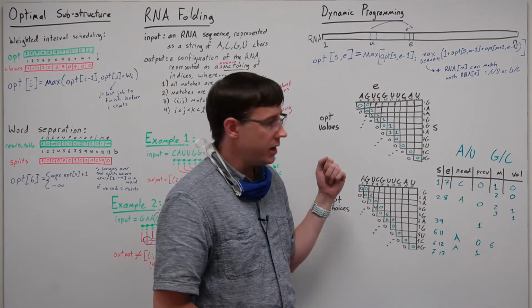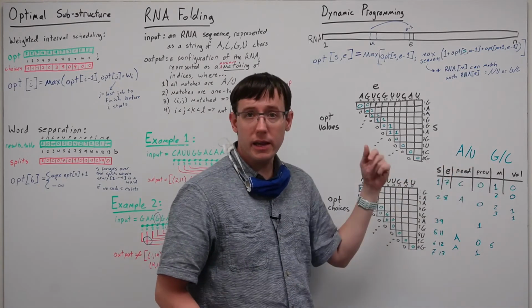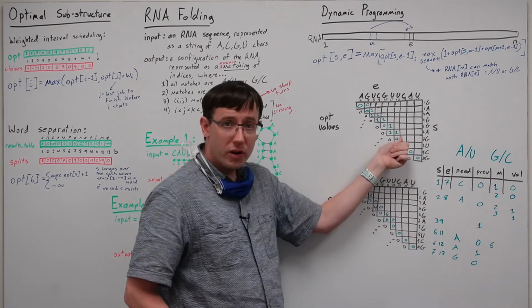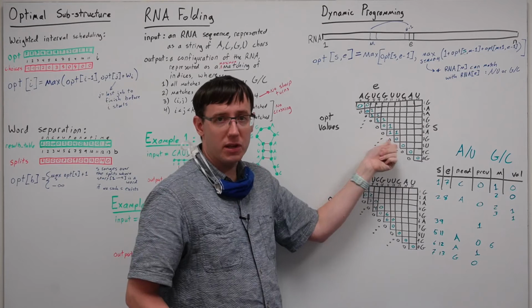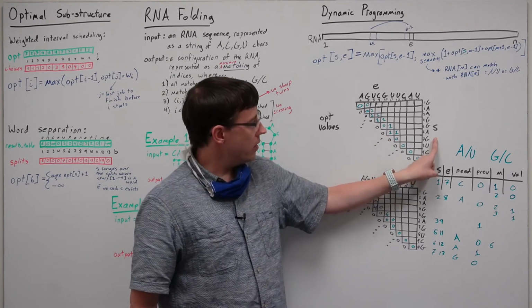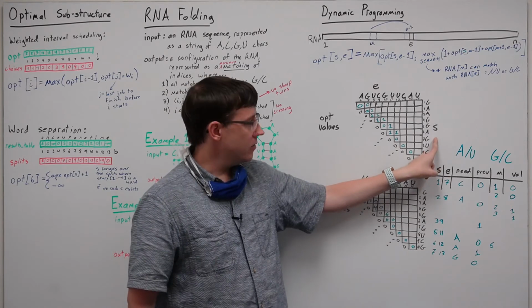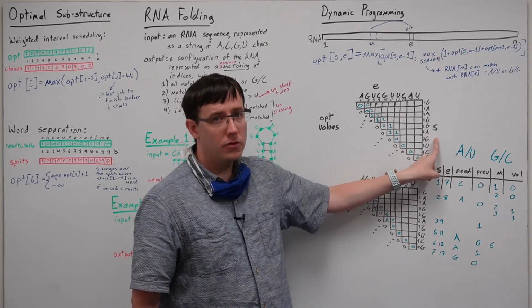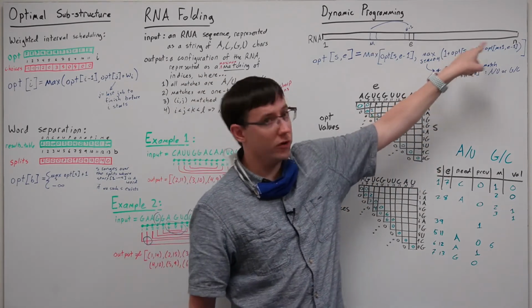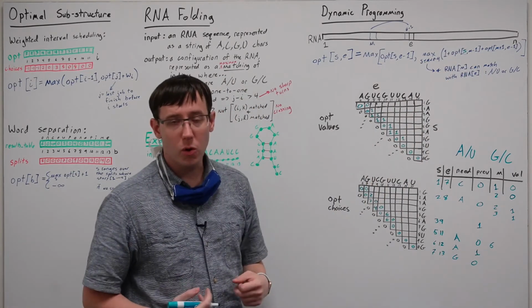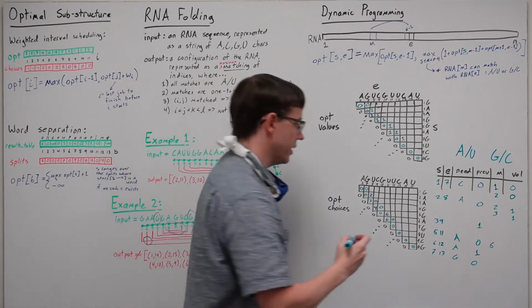From 7 to 13, we have a C in the end index, so we need a G. Our previous entry in the opt table is 0, and one of the two possible m's, 7 and 8, has the letter we're looking for, so in that case we'll get 1 plus 0 for an opt of 1, and we'll record that 7 was the m index that got us there.